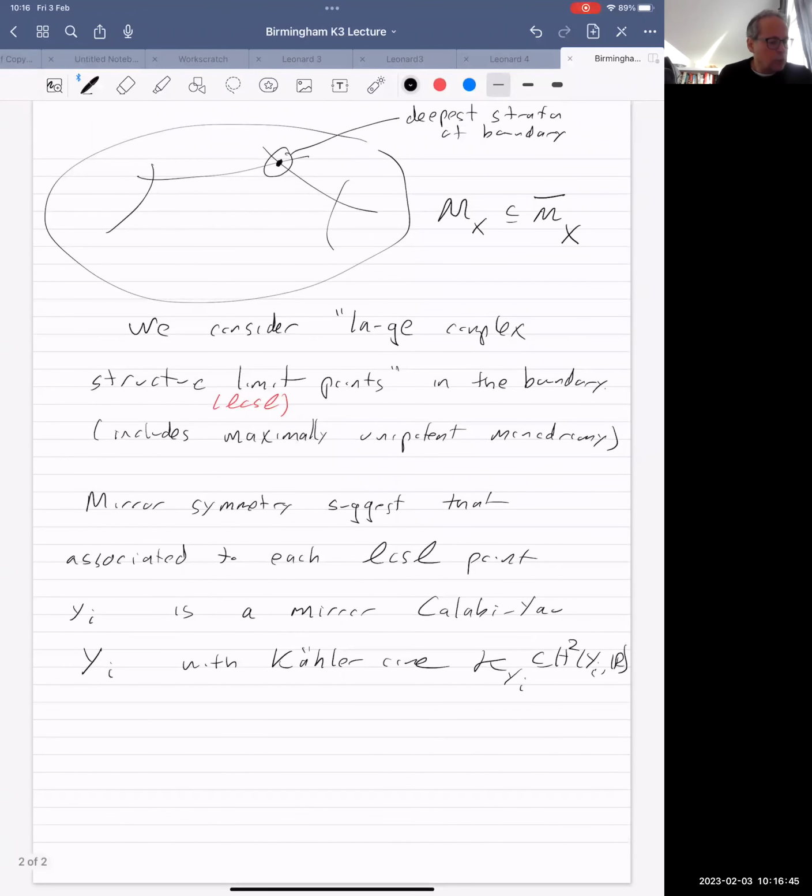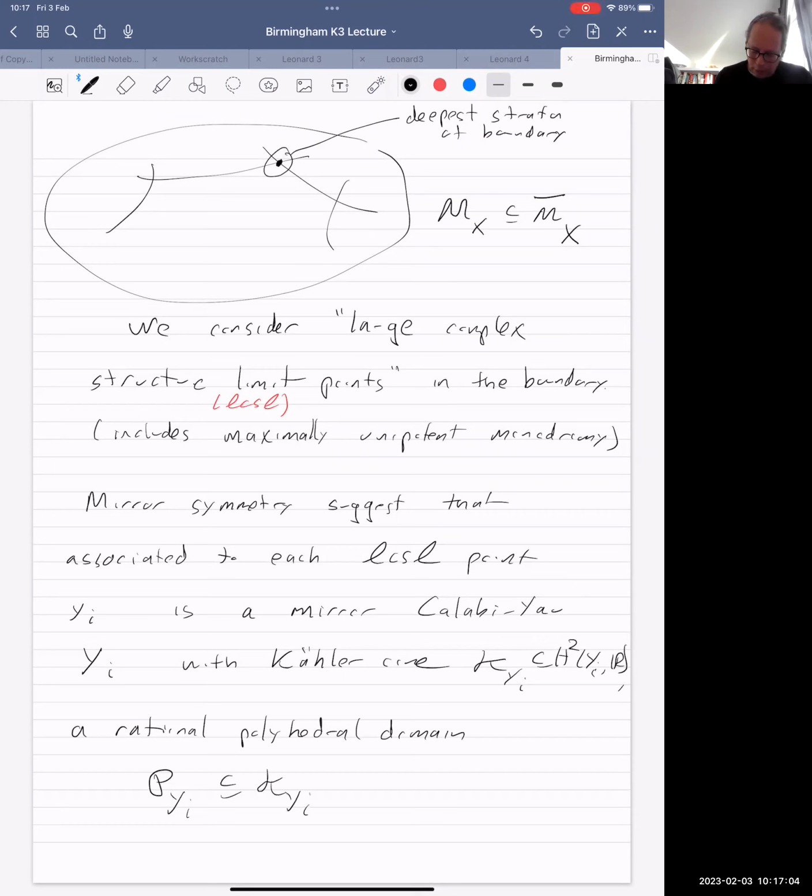So there should be something more. There should be a rational topological domain, which is a subcone of K_{Y_i}.